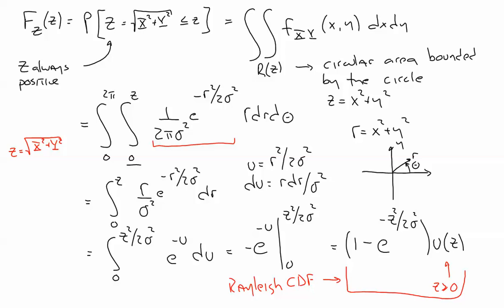What about the probability density function? Let's remind ourselves what the cumulative distribution function is. The CDF was this, 1 minus e to the minus z squared over 2 sigma squared times u of z. Take the first derivative of that to get the PDF.